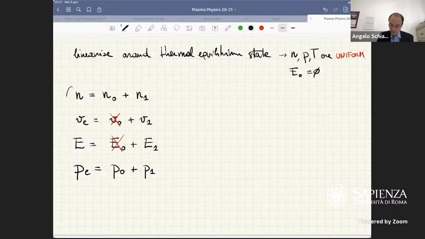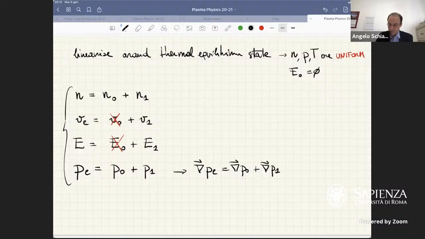So the gradient of the pressure will be the gradient of the equilibrium pressure plus the gradient of the perturbation. But since we are in a uniform equilibrium state, the only contribution to the gradient of the pressure will come from the perturbation of the pressure.